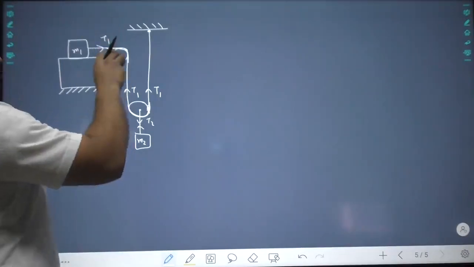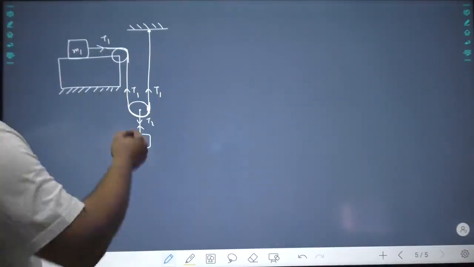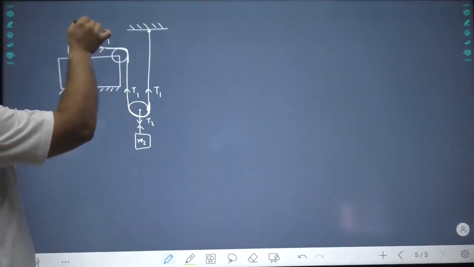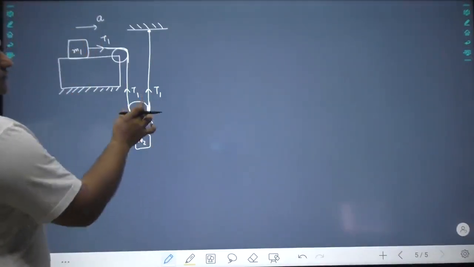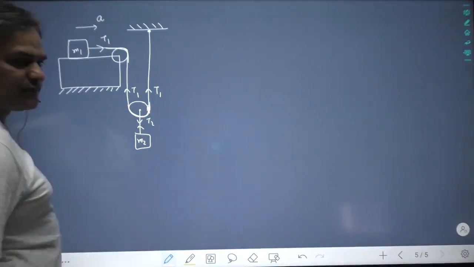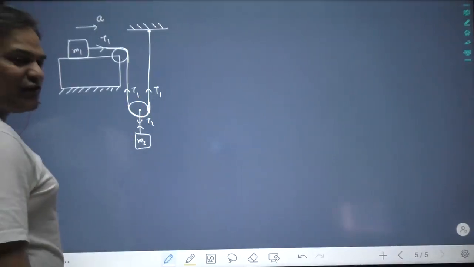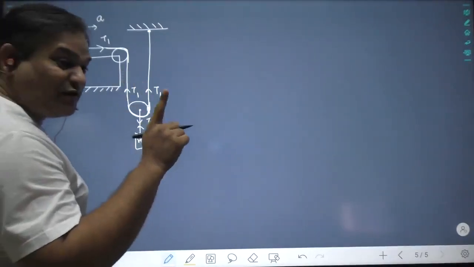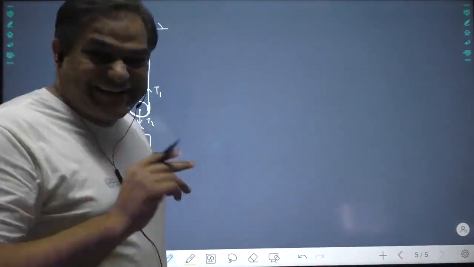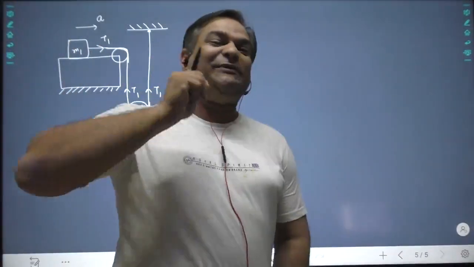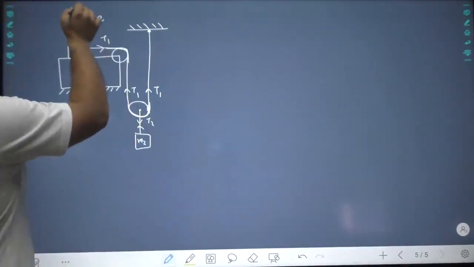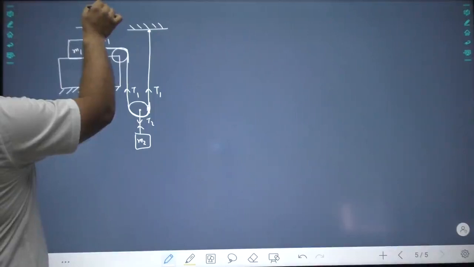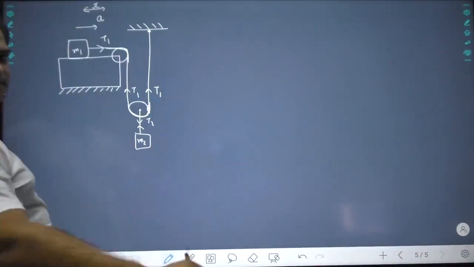Now let us isolate each part. Can you tell me, if the acceleration of this is A, what is the acceleration of this block? This is where logic comes. Now I will try to explain. Suppose this moves X forward.